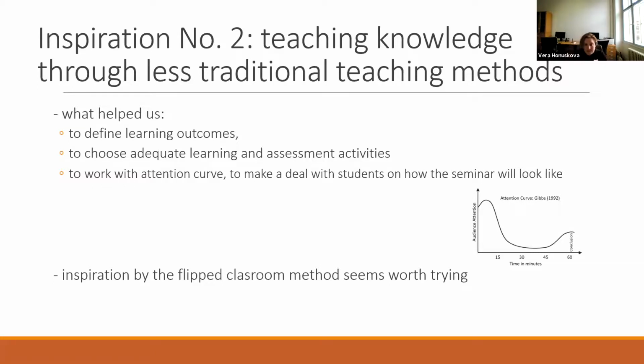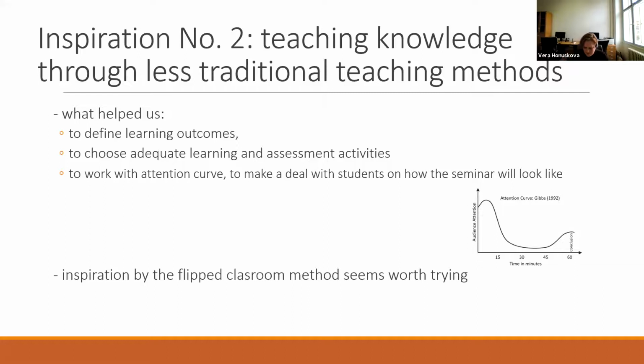What helped us a lot too was to start working with the attention curve. You can't see it very well, but it's here. It's a way how to think about the time frame of the lecture, about how to deliver what you want to deliver.